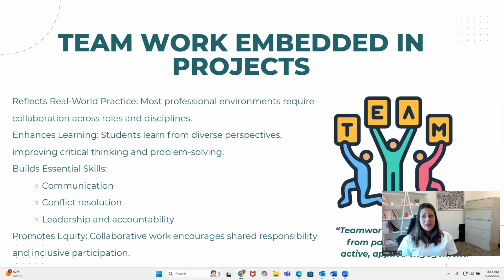Teamwork is deeply important and it develops essential skills such as how to communicate with each other, how to resolve a conflict if it arises, and how to be a leader within their group. It also cultivates accountability. And importantly, collaborative efforts foster equity by promoting shared responsibility and equal participation.